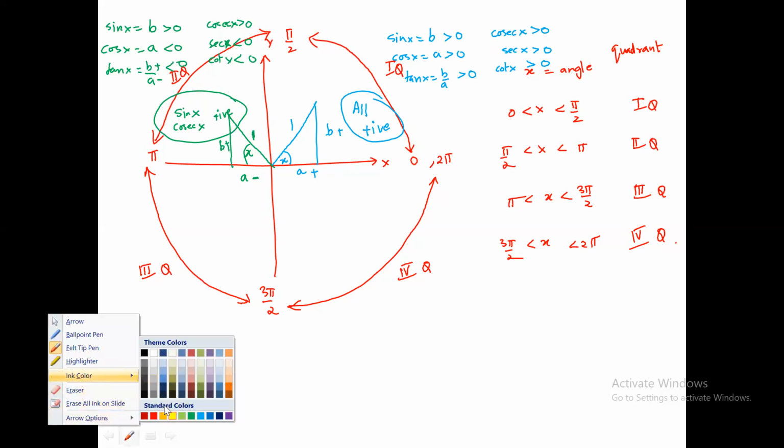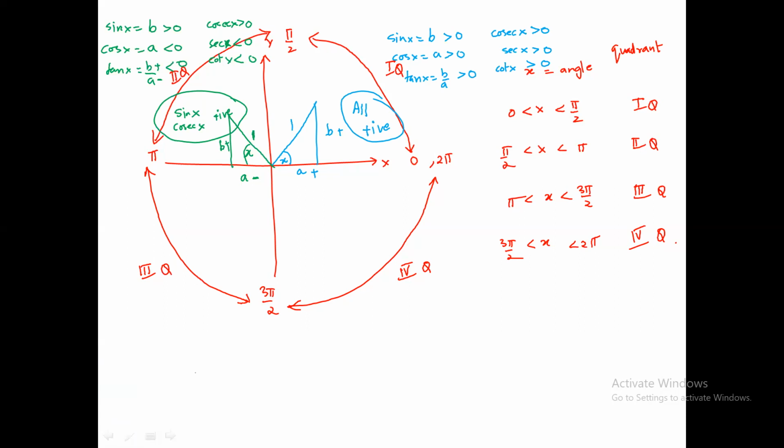Okay, next one. If I draw a triangle in the third quadrant and take this as x, of course, A will be negative, but B also will be negative. Both A and B are negative, and hypotenuse we will take 1. So sin x is B by 1, B is negative. Cos x is A by 1, A is negative.